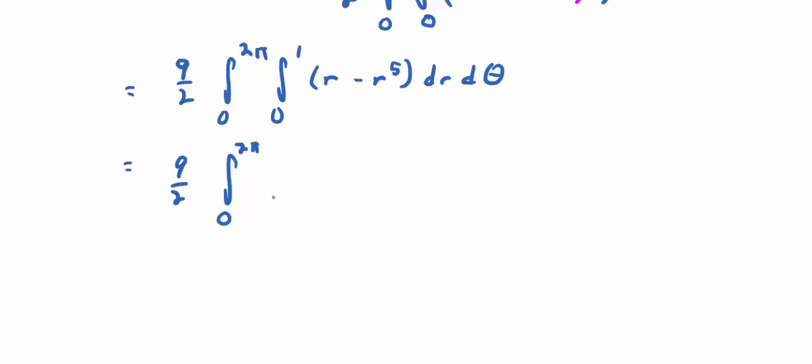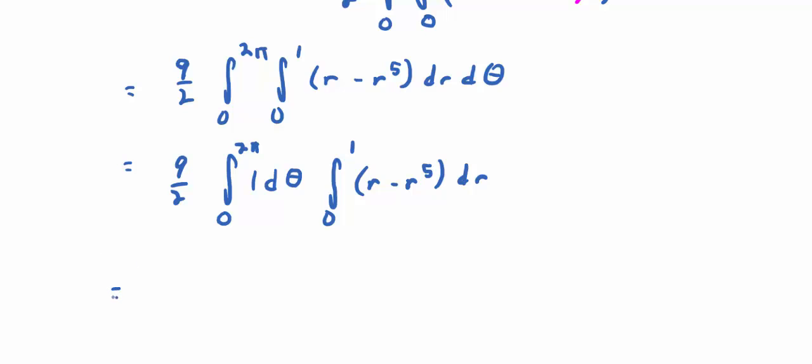So you end up with 9/2 integral 0 to 2 pi, just d theta, 1 d theta, times integral 0 to 1, r minus r to the 5th. So it becomes amazingly easier to do in polar after you clean it up, doesn't it?